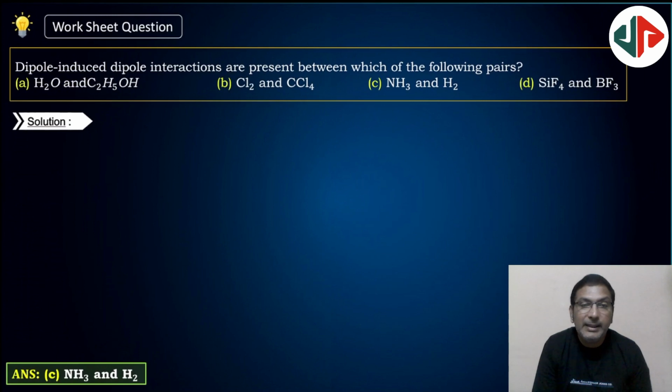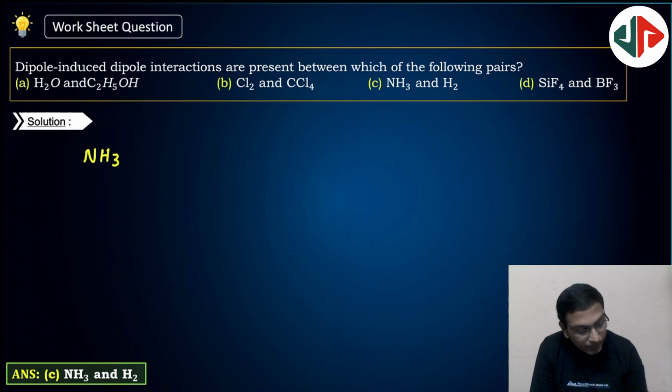So dipole, induced dipole interactions are present between which of the following pairs. If you take NH3, it is a polar molecule. In case of a polar molecule, dipole will be present.